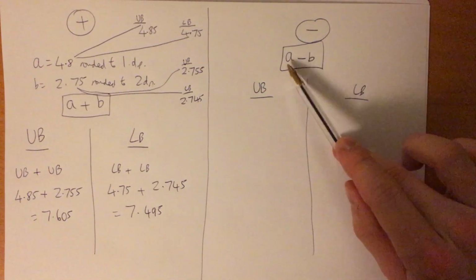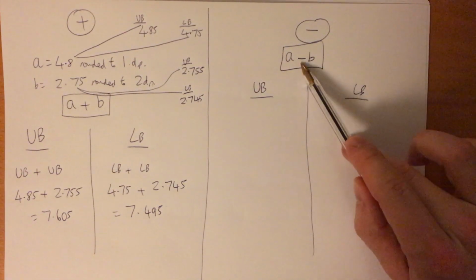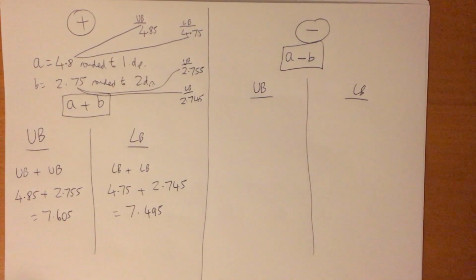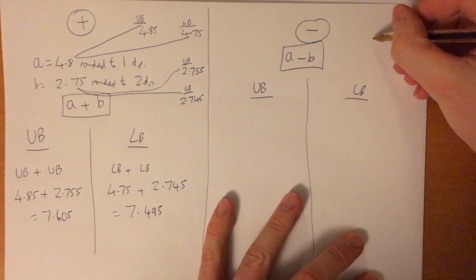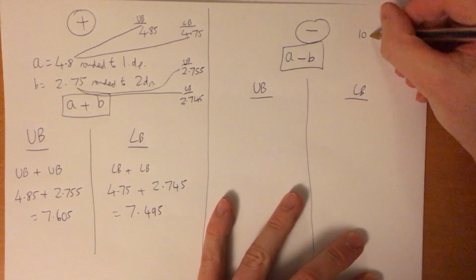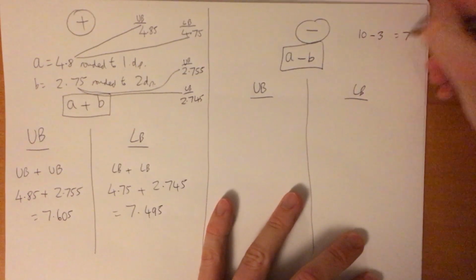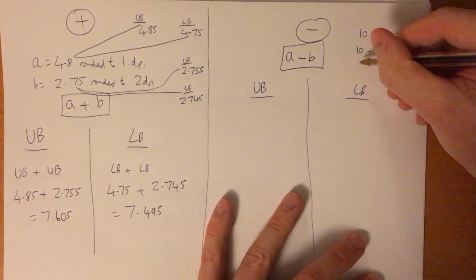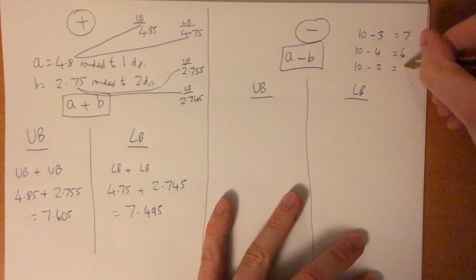If I did the biggest answer for a minus the biggest answer for b, that wouldn't give me the biggest answer overall. If I said to you, just pick random numbers here, if I said 10 minus 3, that equals 7. If I said 10 minus 4, that equals 6. If I said 10 minus 2, that equals 8.